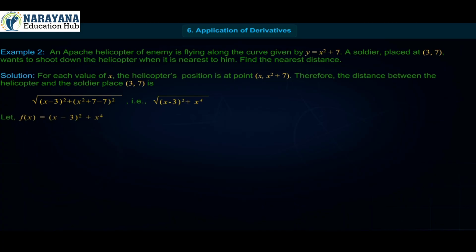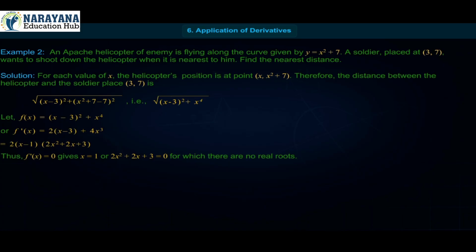Let f of x is equal to x minus 3 whole square plus x raised to 4, or f dash of x is equal to 2 into x minus 3 plus 4x cube is equal to 2 into x minus 1 into 2x square plus 2x plus 3.